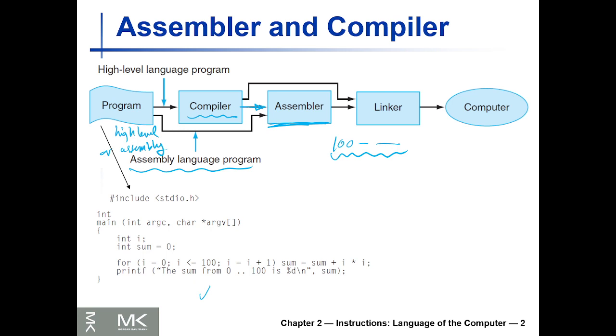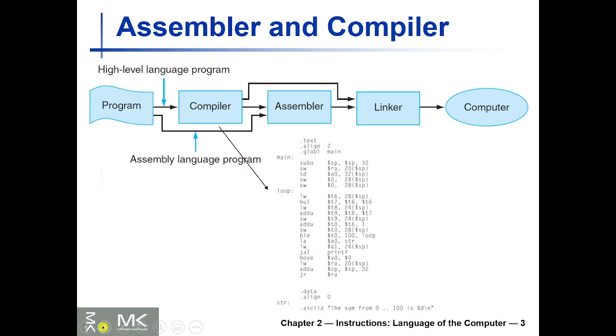And all of this is fed to the linker, and the linker will do something that we're gonna see at the end of this presentation, and then this will produce the final object file, and the object file is basically the executable file that can be executed in the computer, or the file that the computer can execute.